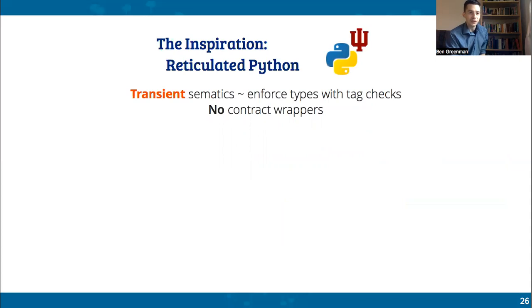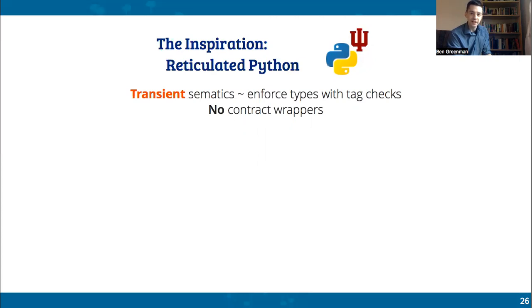And the pioneer that we're using as inspiration is Reticulated Python. Reticulated was the context of the original implementation of Transient, and it came from Indiana University. It was the focus of Michael Vitousek's dissertation. So Michael and several other people helped implement Reticulated with Transient. Now, again, the idea with transient semantics, transient types, is to use tag checks throughout the program to enforce a weak kind of soundness and no contract wrappers.